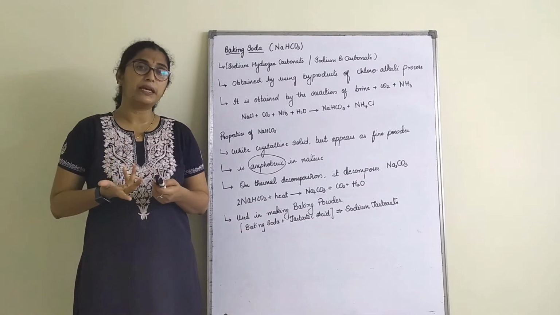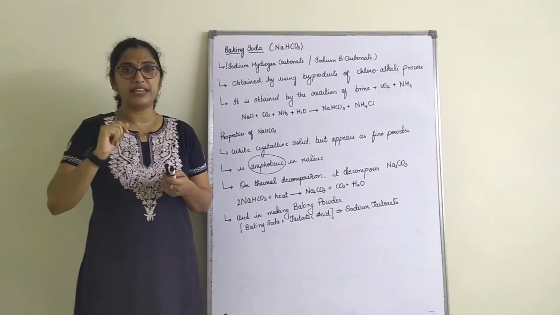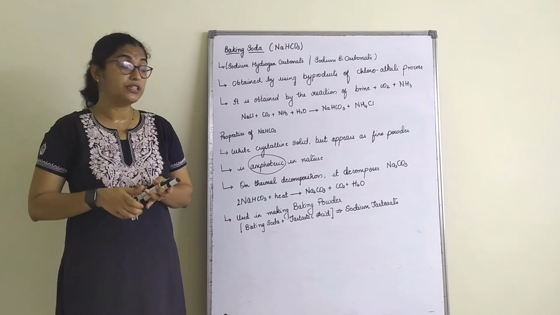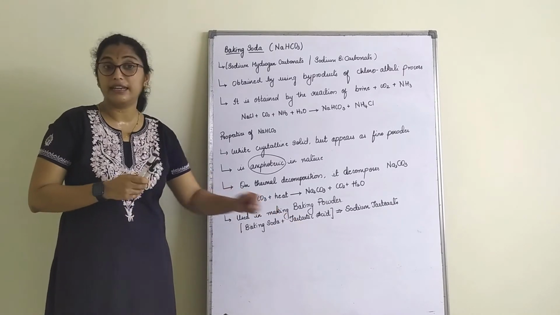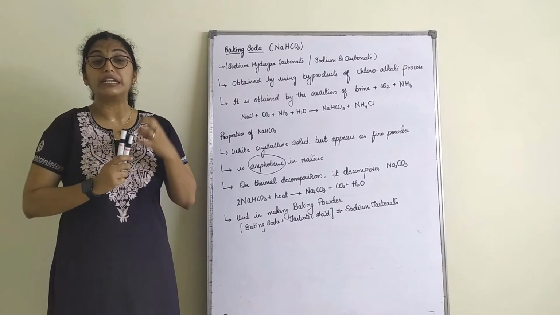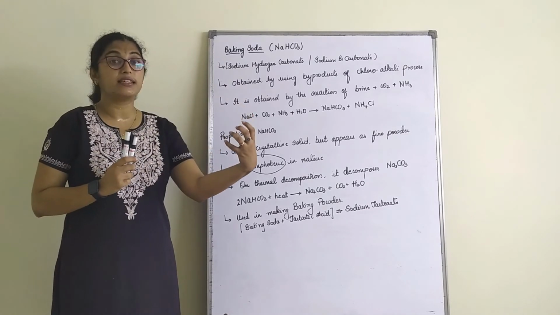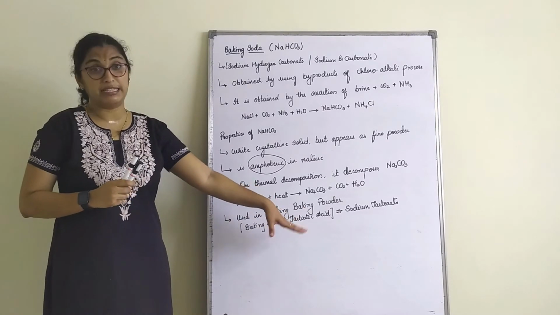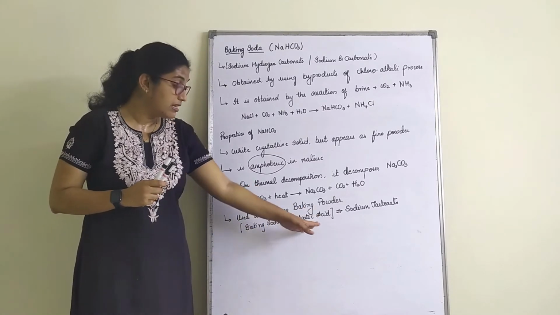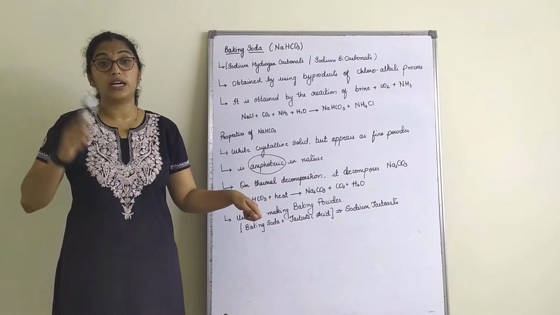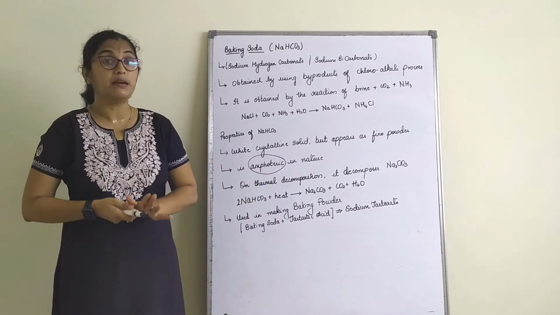Now, the cake can't be hard. It has to be as fluffy as possible, correct? So, that fluffy texture of the cake is because of tartaric acid. And the type of smell or taste that is there in the cake is because of baking powder, because this is the content. So, while preparing cake, we add baking soda and we also add baking powder.